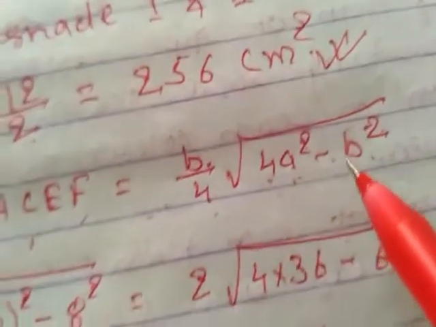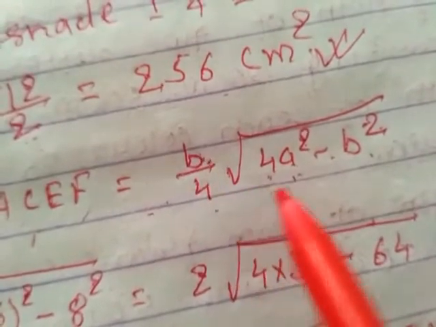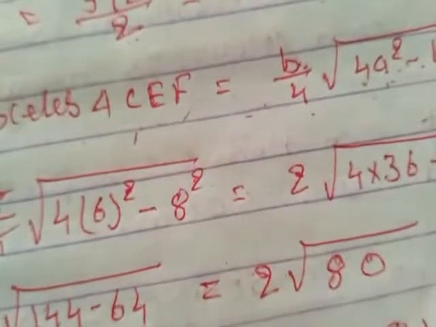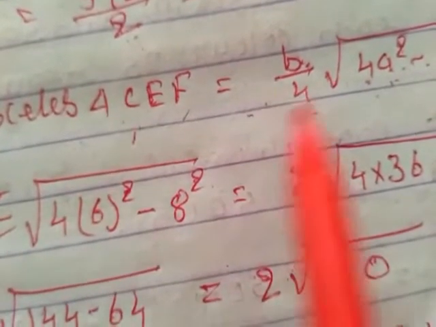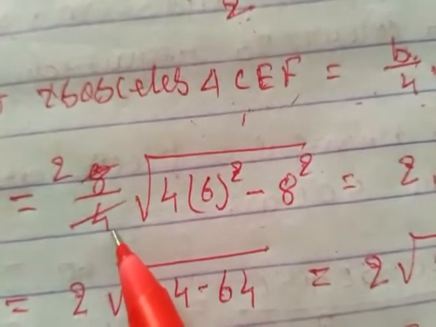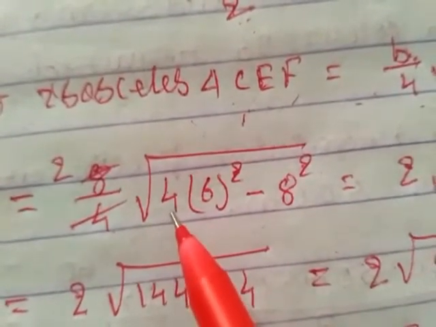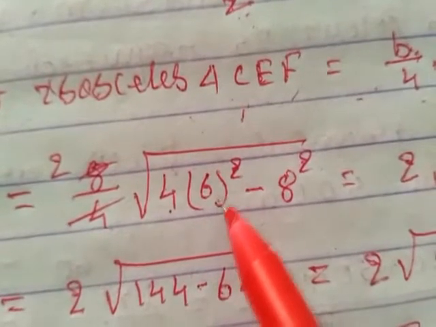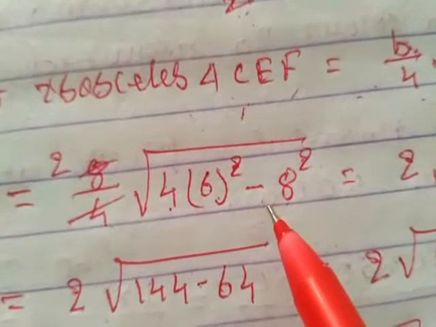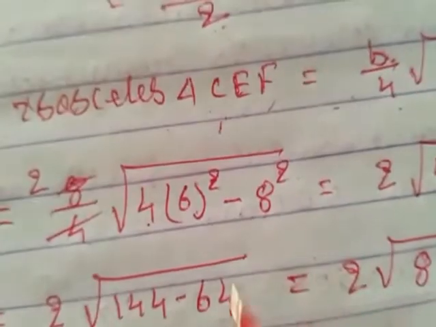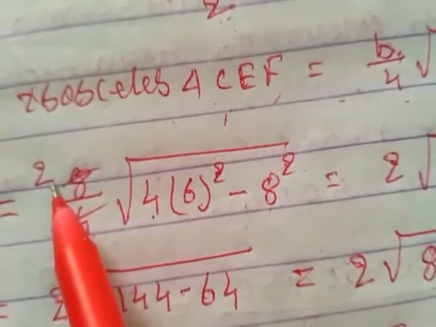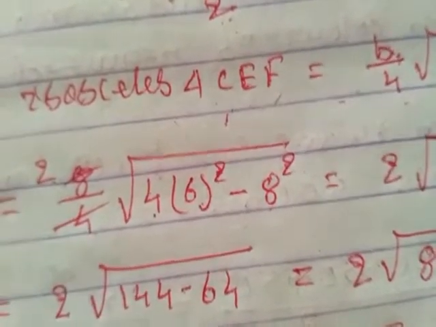So here the value of b is 8 centimeter and the value of a is 6 centimeter. So substituting the values of a and b in this expression, we have 8 by 4 under root 4 into a square, that is 6 square, minus b square, that is 8 square. Here b equals 8 and a equals 6. So 4 into 8, it will go by 2 times.